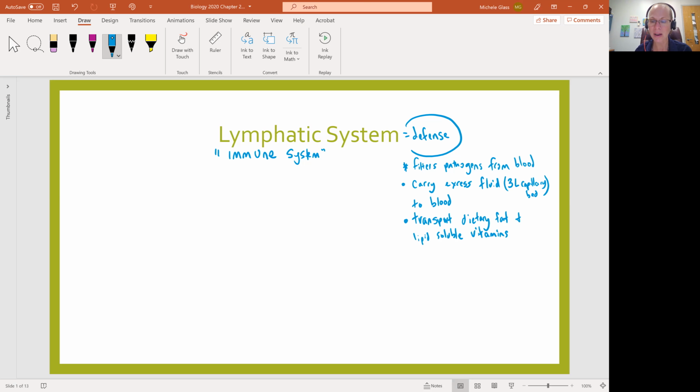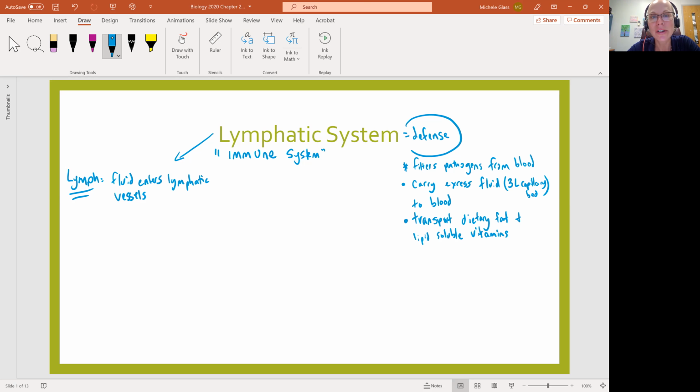When we talk about the lymphatic system, we will see that it's composed of lymph. Lymph is the fluid once it enters the lymphatic vessels. That fluid originates from the bloodstream.